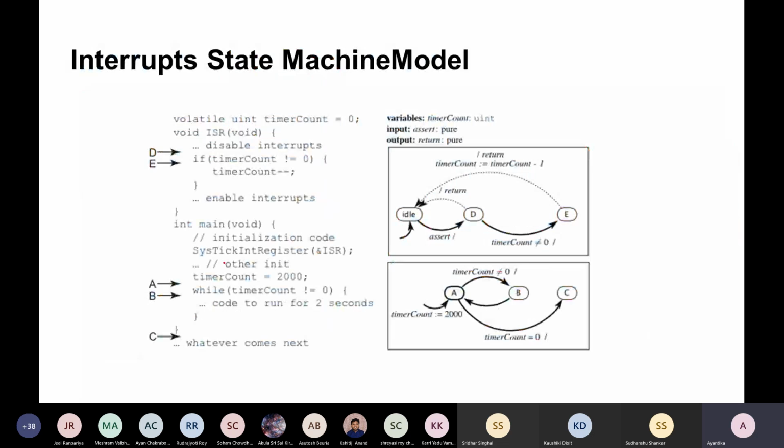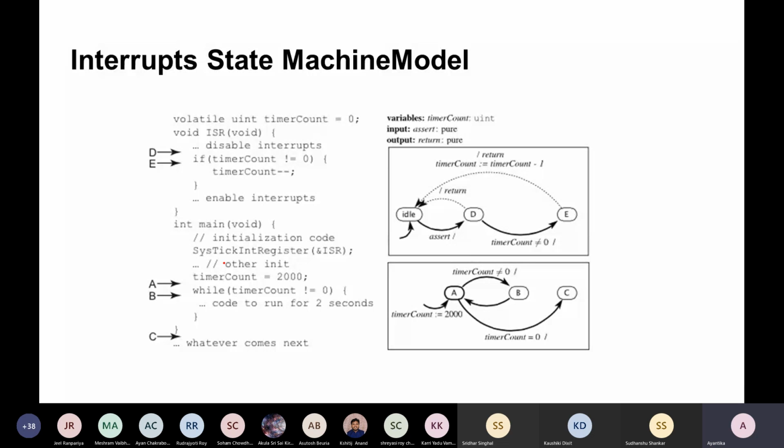So that's why it is important to model the interrupt also along with your main programming model. Maybe you can think of them as some concurrent machines, with some interrupt timing requirement. If you consider that as a timer, the timer is counting maybe from 200 to 0, and when it stops, it will trigger and raise a request to handle that interrupt.